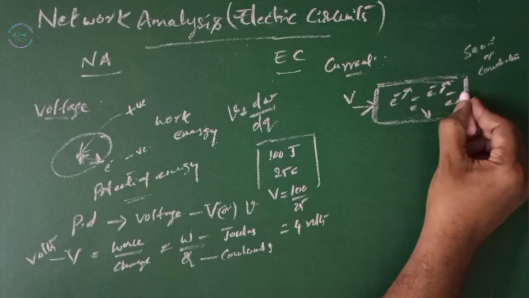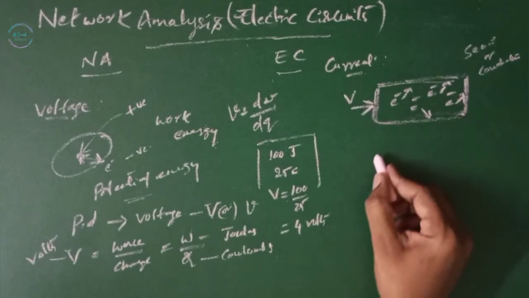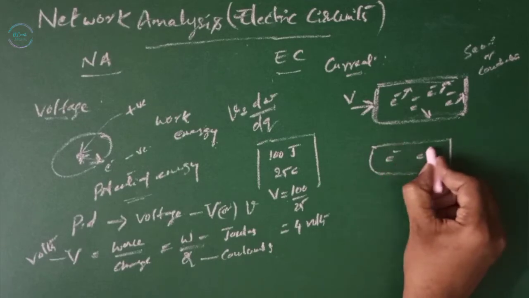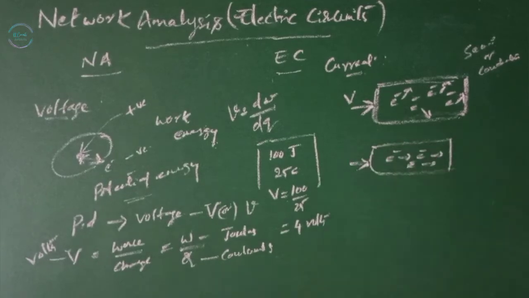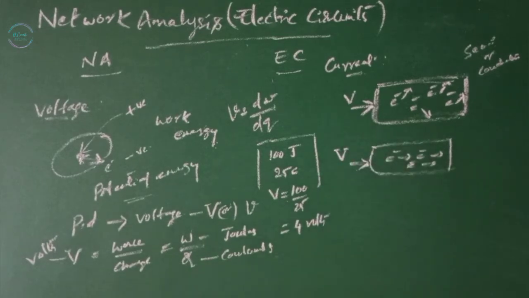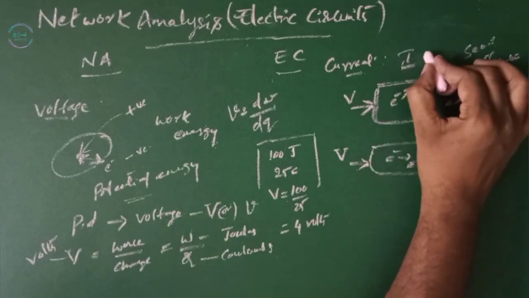If voltage or pressure is applied to this material, then all the electrons try to move in one direction, depending on the polarity of the voltage. This movement of electrons from one end of the material to the other constitutes an electrical current, denoted by the letter capital I or small i.